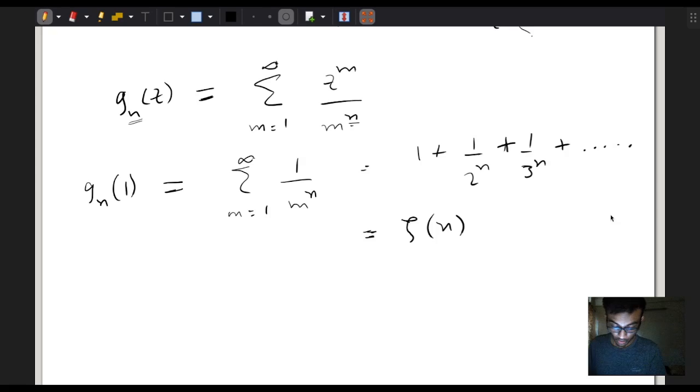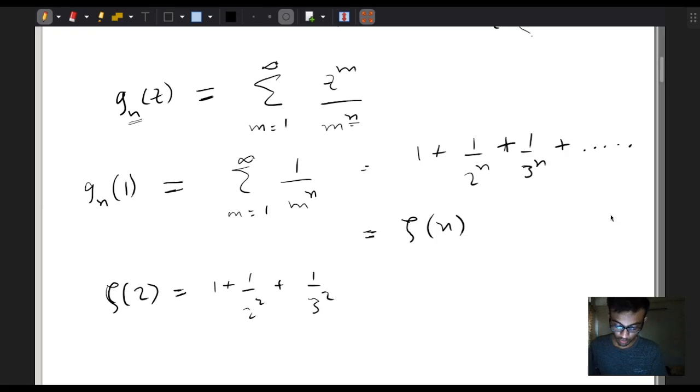So let's just mention this function when n is equal to 2. This is the popular series, and this is equal to pi square by 6.